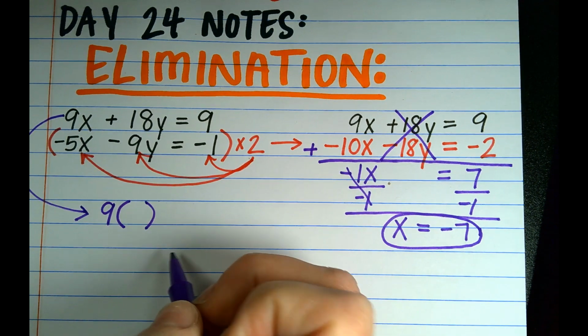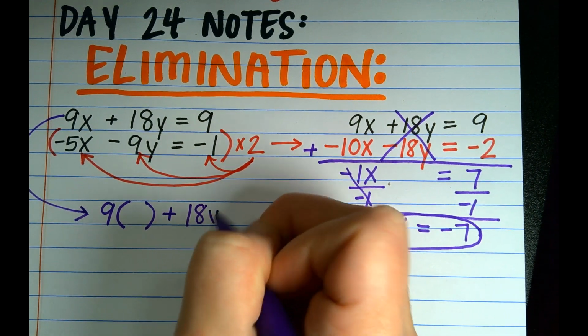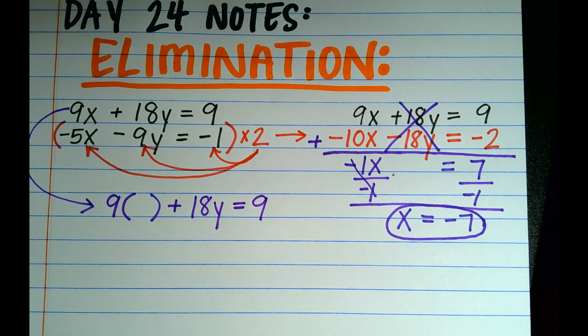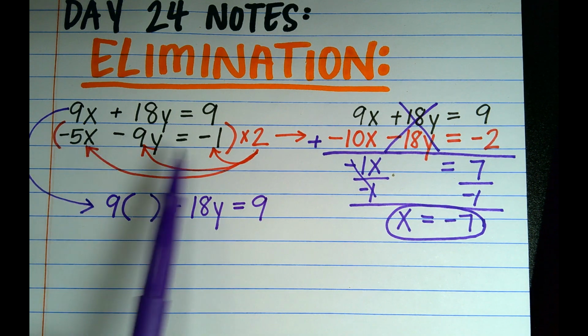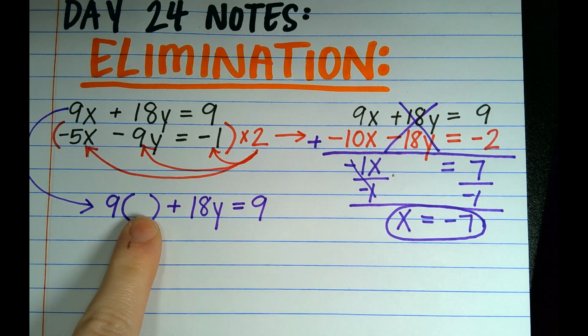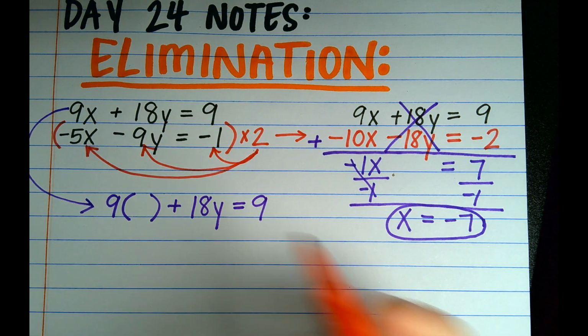I'm going to leave a space for x, plus 18y equals 9. You can use either equation. If you wanted to use the bottom one, you absolutely could. So instead of 9 times x, what am I writing for x? -7.